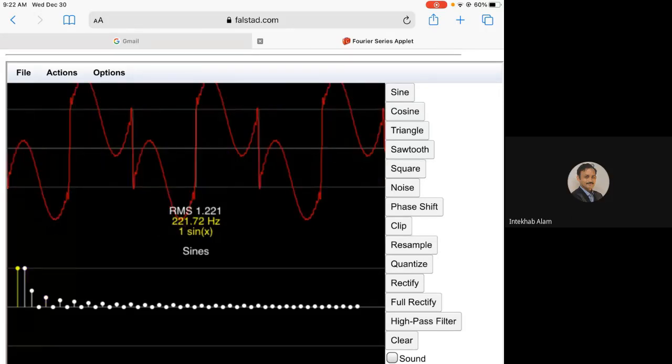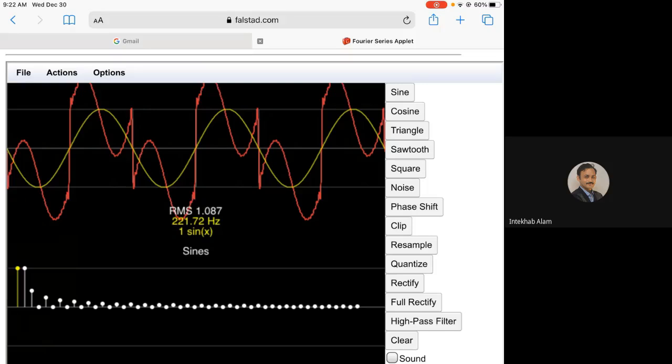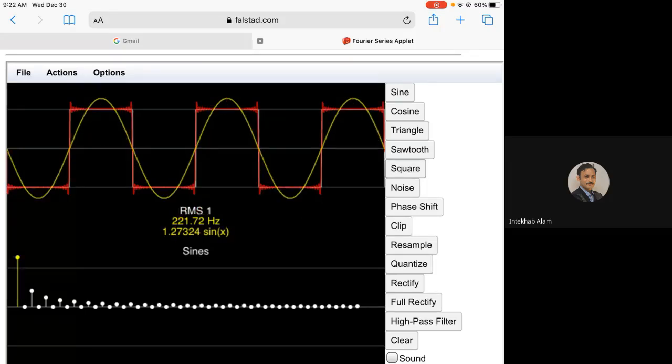Whenever you tap the fundamental frequency, you'll find 1.27324. Just divide it by 3. What is the value? 1.273 divided by 3.